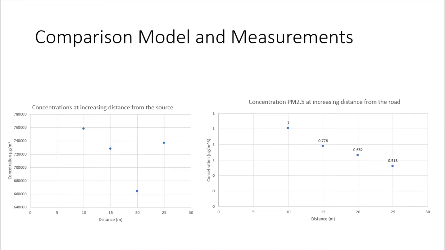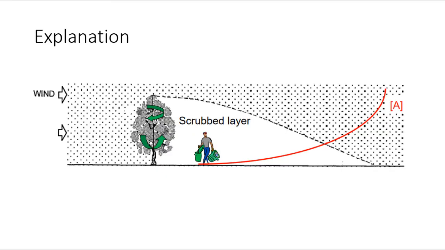You can see in the concentration graph that it decreases and then suddenly increases. This increase seems strange, but it's logical because after a while you step out of the effect of the shelter belt. The wind is not slowed anymore. It starts to increase, and the concentration also starts to increase. This effect we, of course, do not see in the modeled situation.